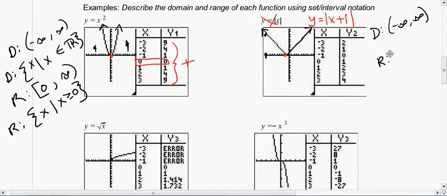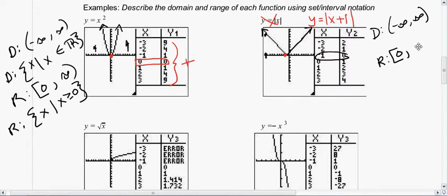My range, even though the graph has shifted over to the left a little bit, is still the same because my smallest value here is a 0, right? That's the lowest y value that shows up. So the lowest value, the minimum, is going to be a 0.